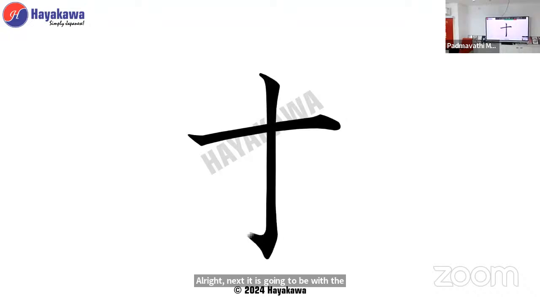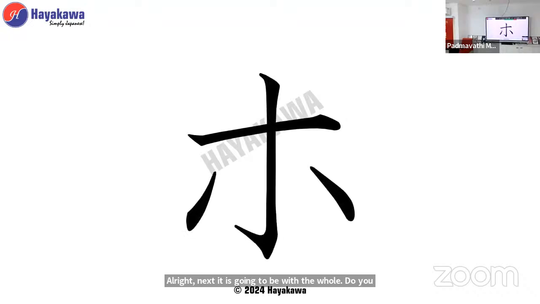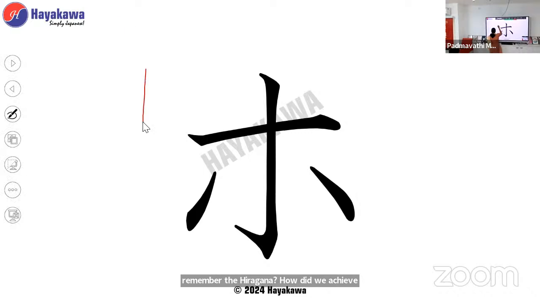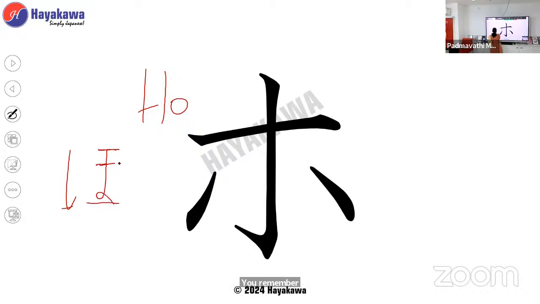All right. Next, it is going to be with the ho. Do you remember the hiragana ho? How did we achieve hiragana ho? So first we saw hiragana ha.